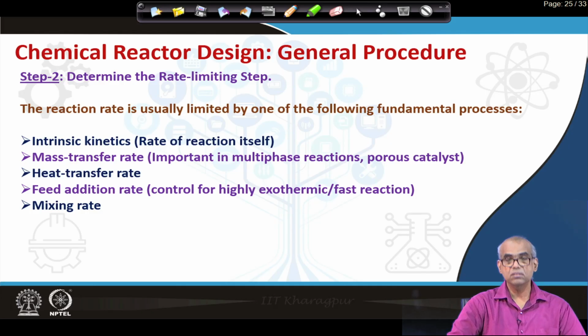Heat transfer rate may be limiting, feed addition rate may be limiting. By manipulating the feed addition rate, we can effectively control highly exothermic reactions or reactions that occur very fast. Mixing rate can also be rate limiting.